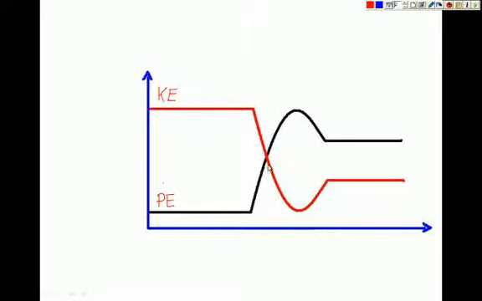Kinetic energy is decreasing and being changed into potential energy, and that's why potential energy is going up. Kinetic energy is decreasing, and potential energy is therefore increasing until it reaches an activated complex.